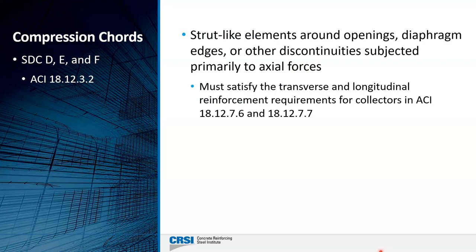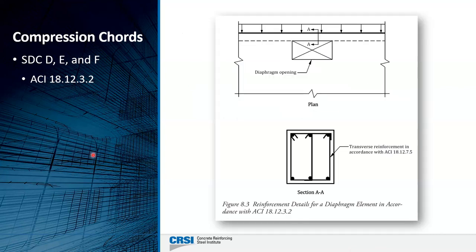However, once we have seismic design categories D, E, or F, then we have to start providing some special transverse reinforcement within that chord to prevent it from buckling due to the compression forces. Those requirements are given here in section 18.12.3.2, and they are summarized here for you.